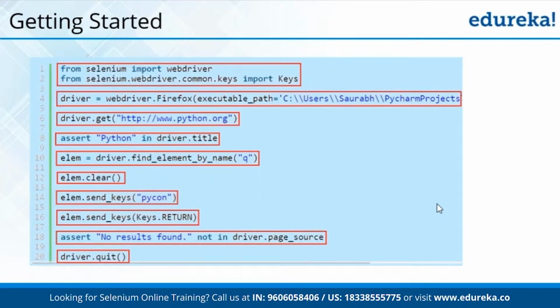So it's a text box which we are defining, saying first look at this text box, first make sure that it is clear by the dot clear command, and then you type in using send_keys and the alphabets that you want to type. So at line number 14, that is elem.send_keys("Python"), right? So that's what we are trying to search in the Google search.